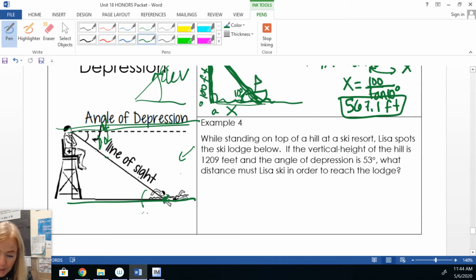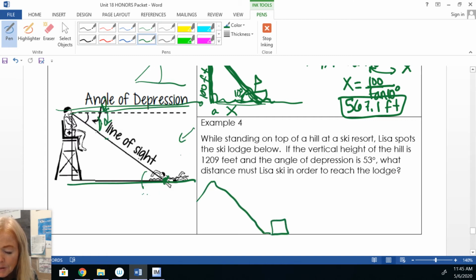All right, so while standing on top of a hill at a ski resort, so here we have a hill. Lisa spots the ski lodge below, and I'm guessing it's right here at the base of the hill.